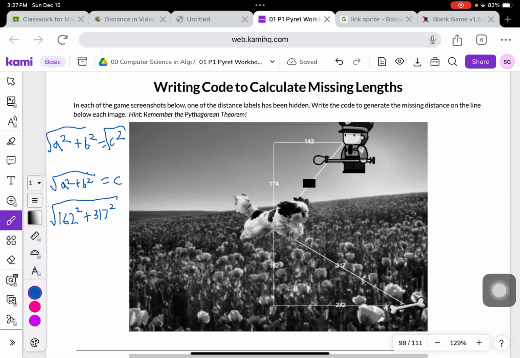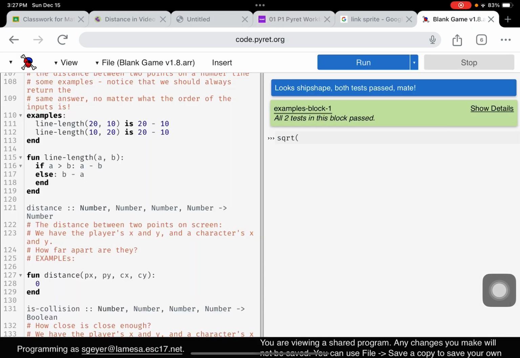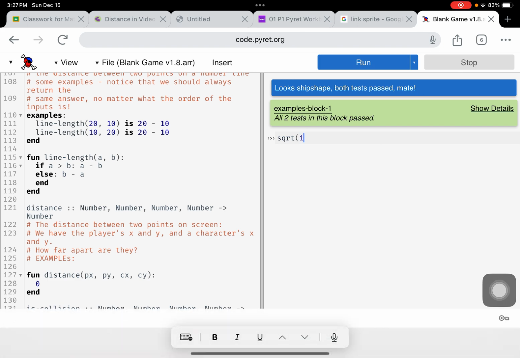We had 162 squared. And so you can do like num squared is num sqr.